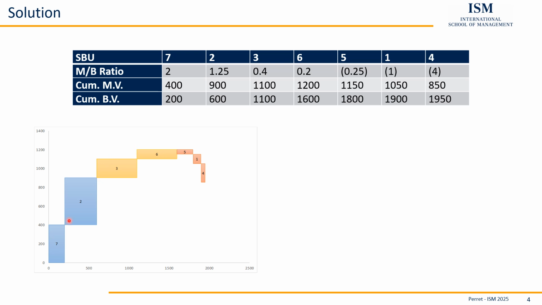And well, aside from this, I also colored them in a certain fashion. Blue are all those business units which have an MB ratio larger than 1. So they're overperforming in the market. Yellow are all these units which have a positive market value, but where the market value is lower than the book value.